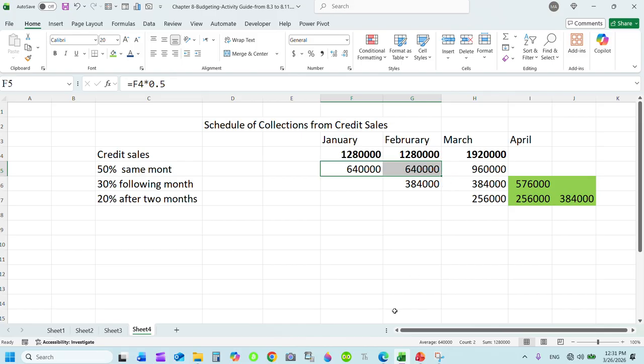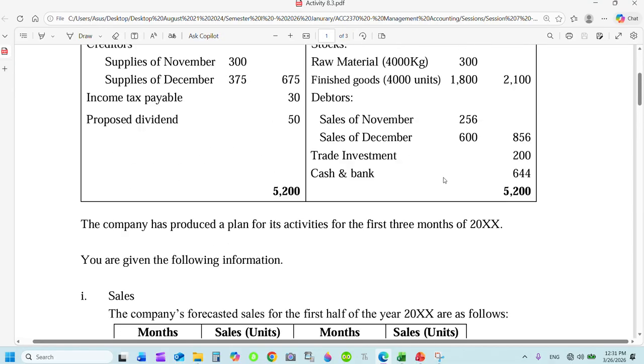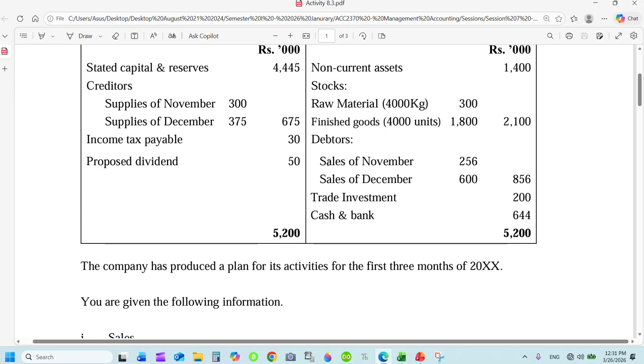In addition, we have open trade receivable. You can see we have open trade receivable, open debtors, from sales of November and December. Out of November sales we have 256 receivable.